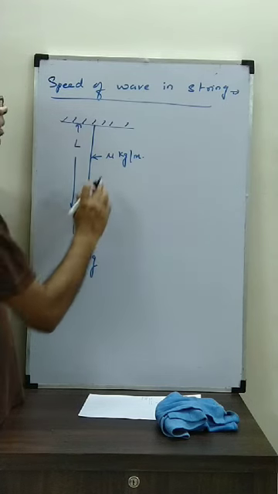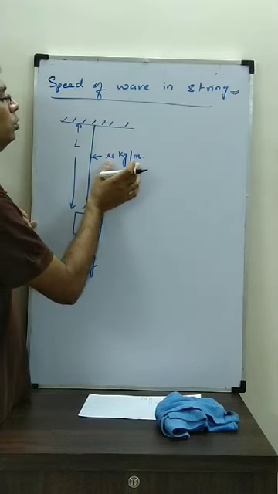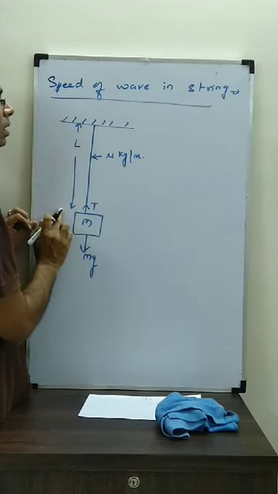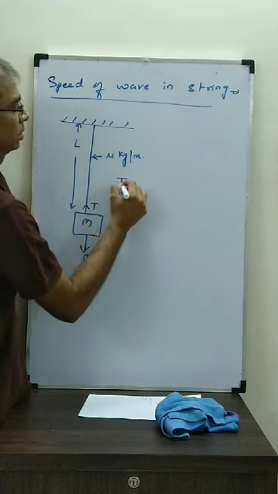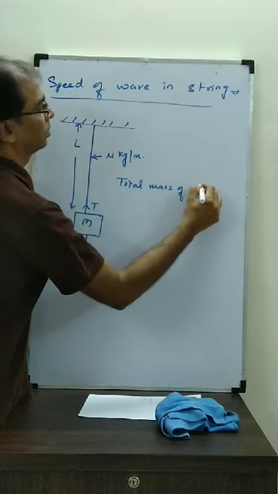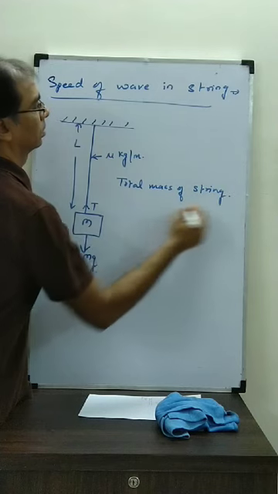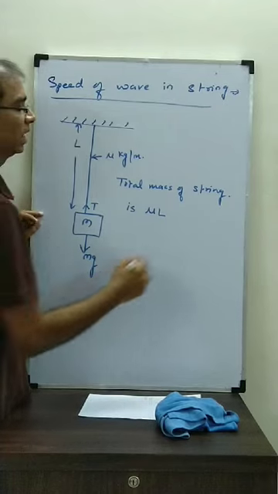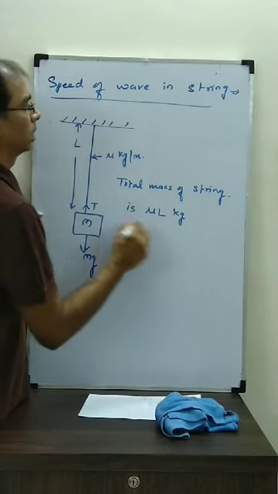Now if I say this mu kg per meter, and the length of the string is L, what is the total mass of the string? Total mass of string is mu into L kg.